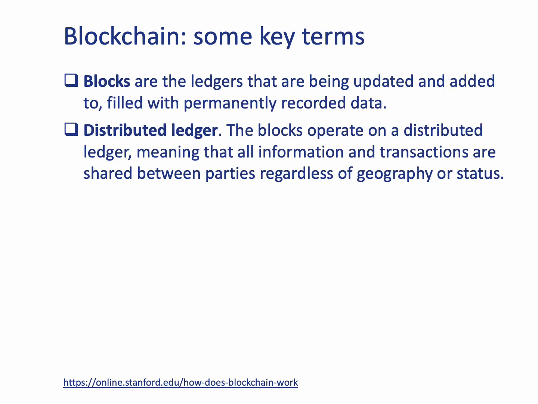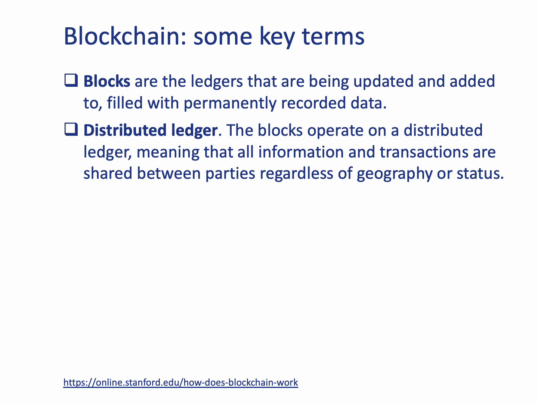There are a number of slightly confusing terms when it comes to blockchain, and hopefully you will agree with me that for ordinary people, it might be difficult to understand. However, a couple of key terms would be blocks and distributed ledger. Let me briefly explain what we mean. Blocks are the ledgers that are being updated and added to, filled with permanently recorded data.